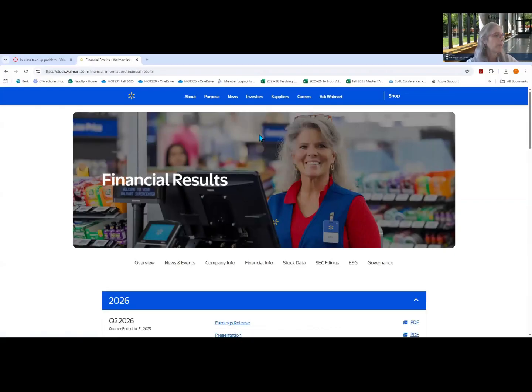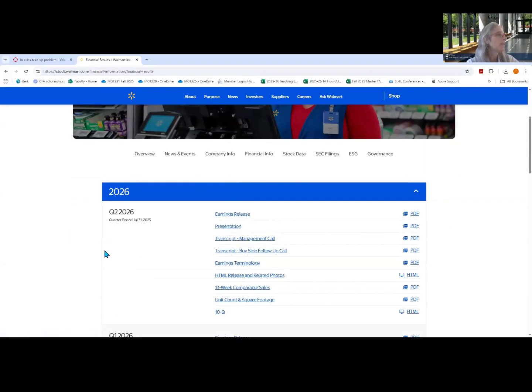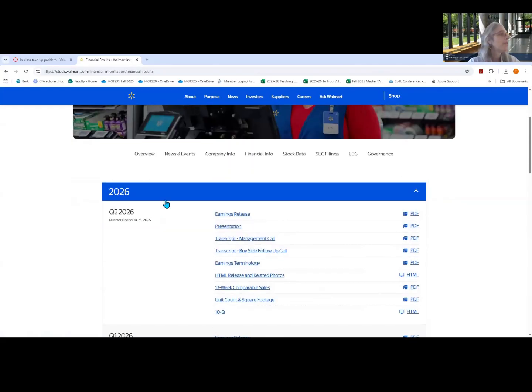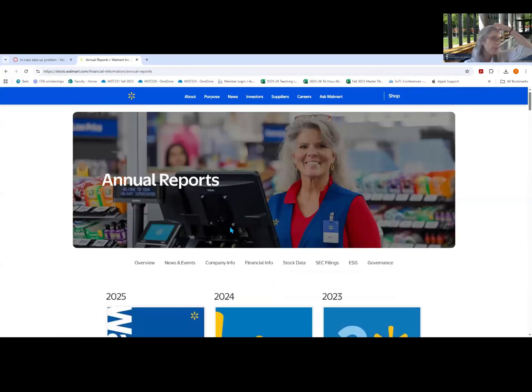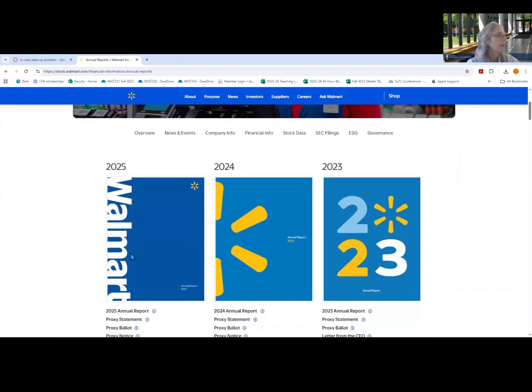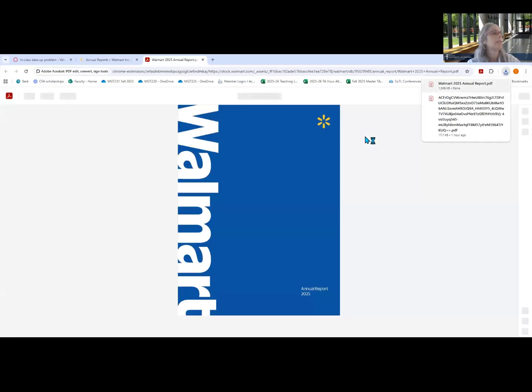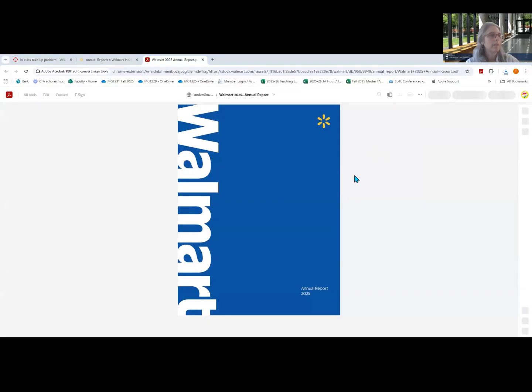Financial information, that's what we're looking for. And then there's a whole lot of stuff below for all the different company reports. So we want financial results, and we want annual reports, and we want the most recent annual report. So 2025 will be their most recent annual report. If we click on that, let me go to my other screen now.